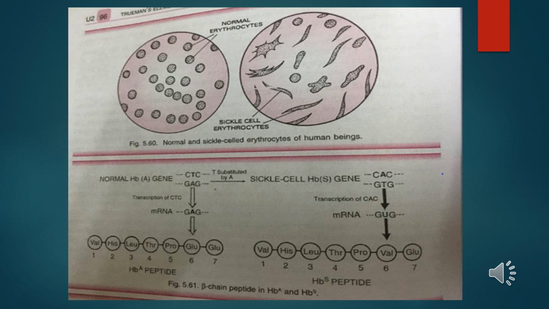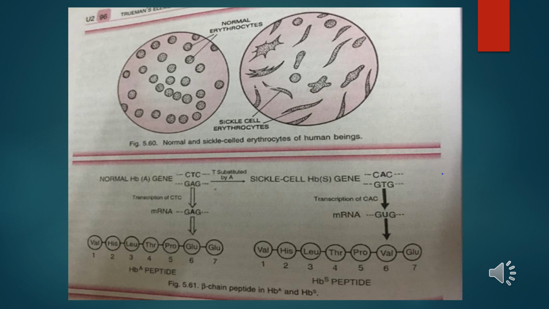The disorder or disease is caused by the formation of an abnormal hemoglobin called hemoglobin S. So here you can see in the lower diagram that the normal hemoglobin gene CTC changes into the sickle cell HBS gene CAC. What is CTC?